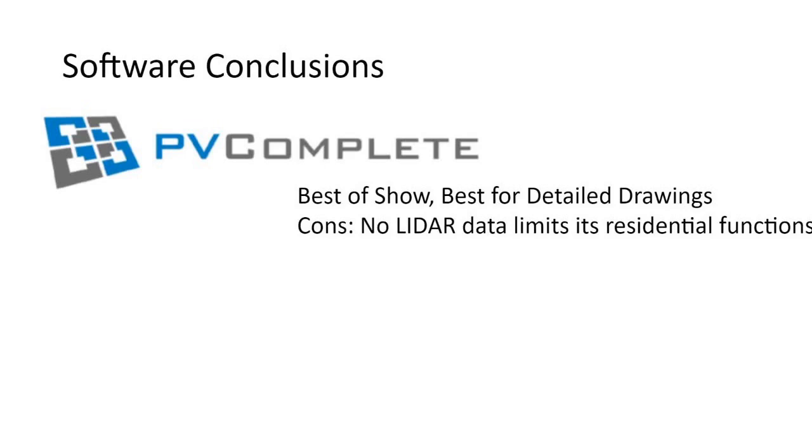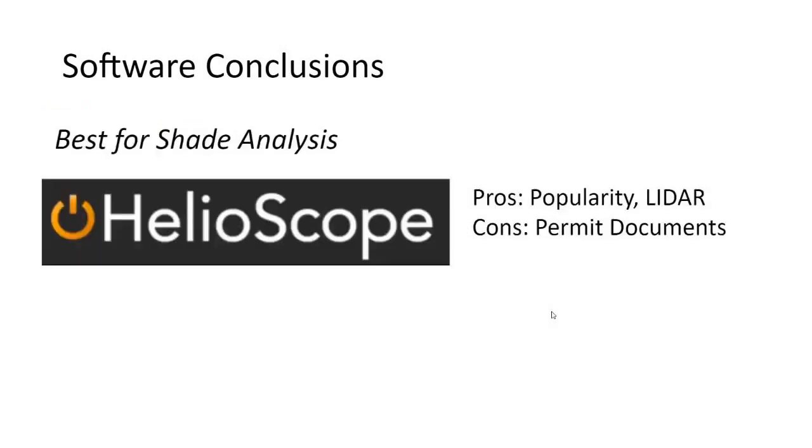Although it definitely has a big con in that without LiDAR data, its shade analysis functions will be limited. So if you go with PV Complete, you may also need another software for shade analysis. Or you get pretty ballsy and say, I don't need to do shade analysis. We're going to talk about that in a minute.